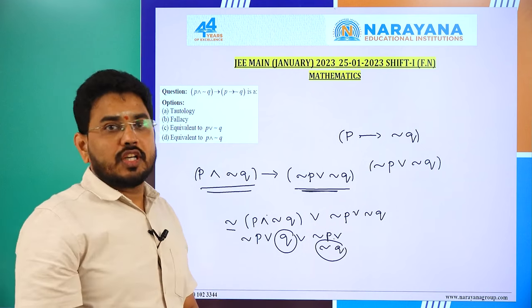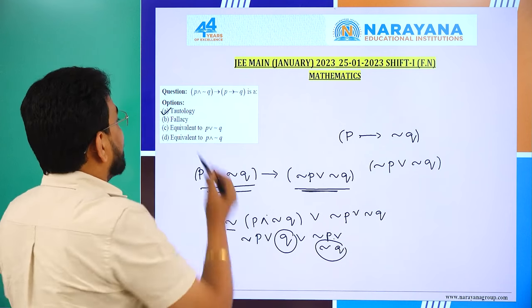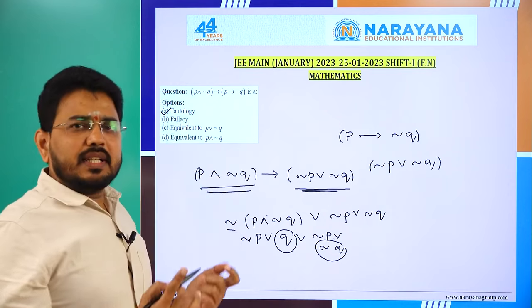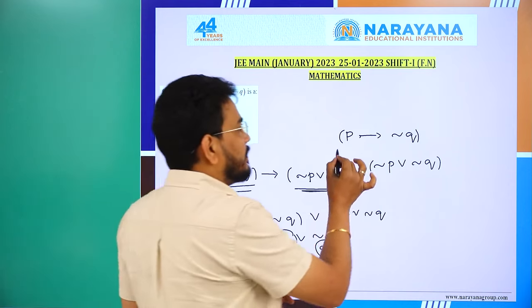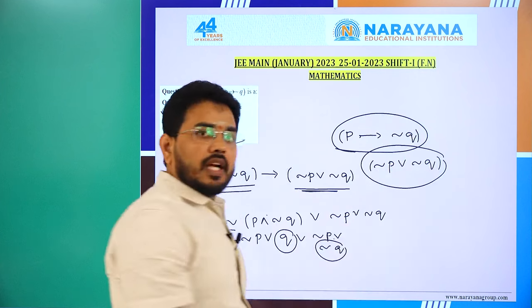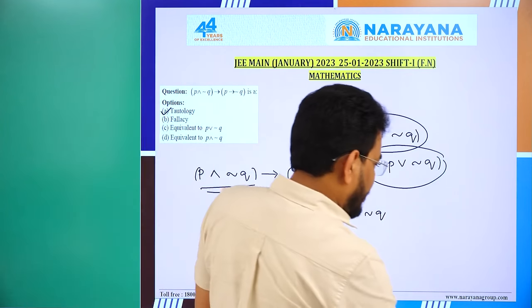So that is the tautology, and negation P is there. So we will go and mark the answer as tautology. To solve this question, the basic concept needed is this. Okay. Moving to the next question.